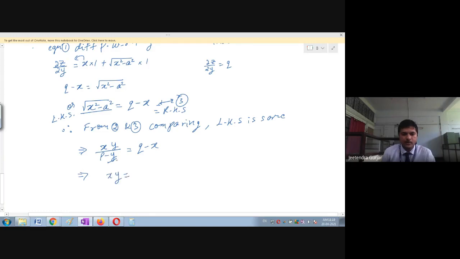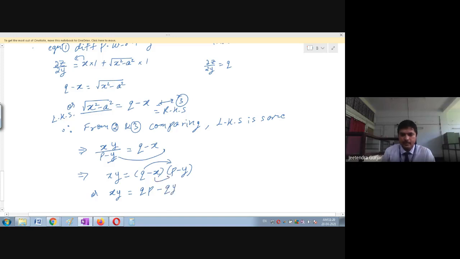Now further you can simplify this. xy is equal to, I'll bring this on this side, so you can rewrite the equation as q minus x into p minus y. So this is your answer. If possible, you can simplify this further. xy is equal to, I'll multiply here, q into p, then minus q into y.